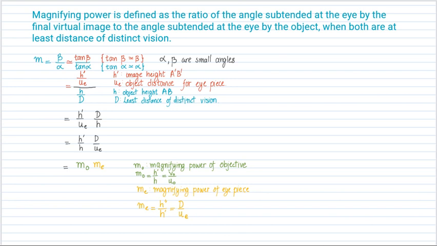So your total magnifying power M equals MO times ME.